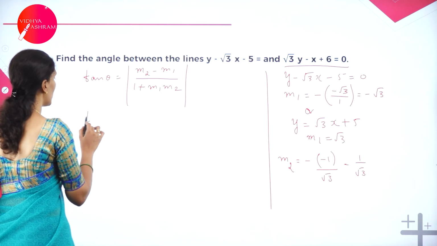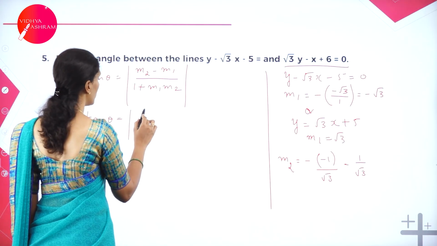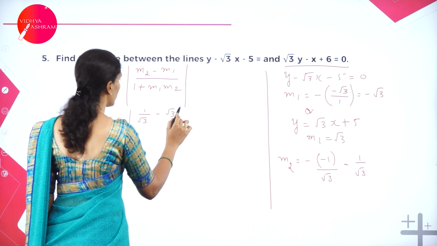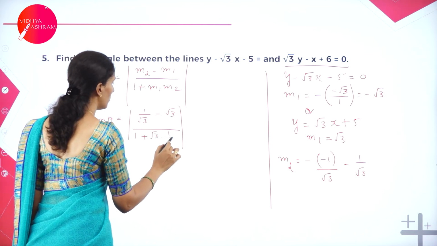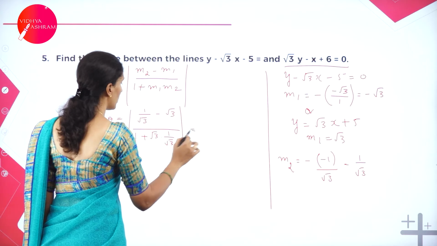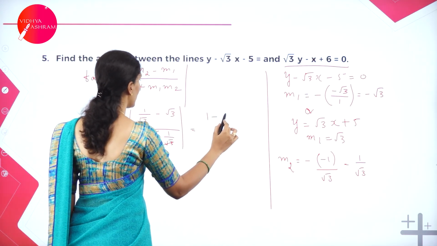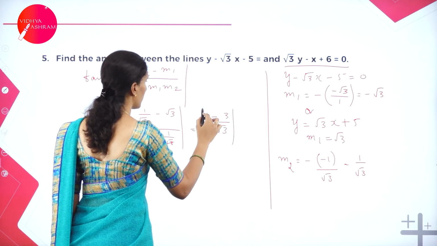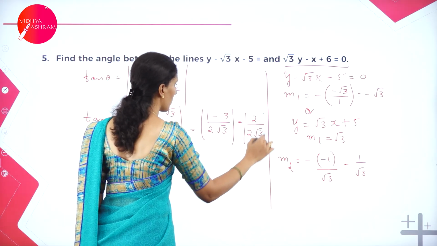So substitute here, tan theta is modulus of 1 by root 3 minus root 3 whole divided by 1 plus root 3 into 1 by root 3. So here root 3 gets cancelled. So here it is 1 minus 3 divided by 2 root 3, which is modulus of 2 by 2 root 3, cancels.